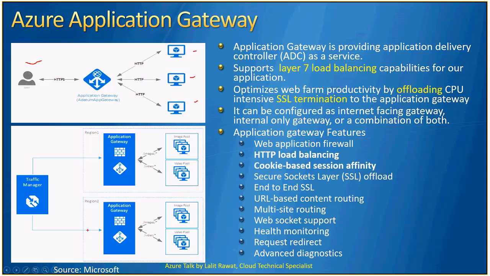Then, if you have a container with a lot of pictures, videos, or other pools, the application gateway will decide: if you are requesting the same picture or video, it routes your request to that particular image pool, and then your request will be processed further.